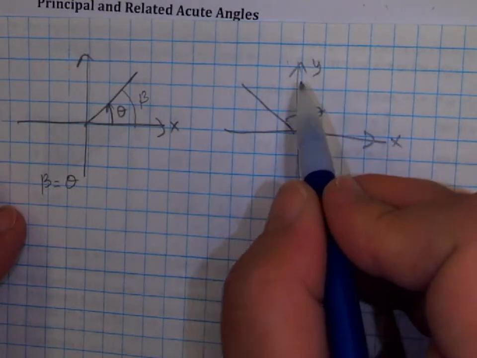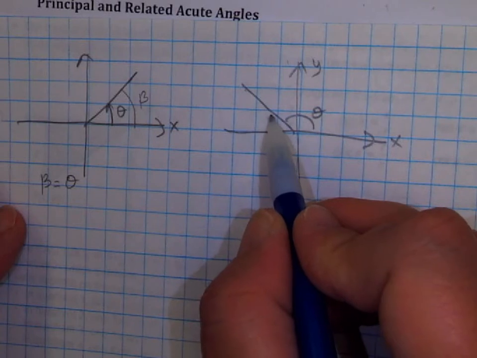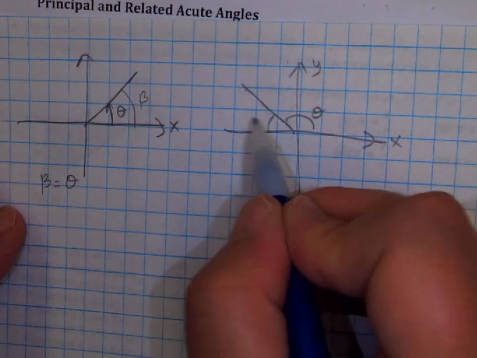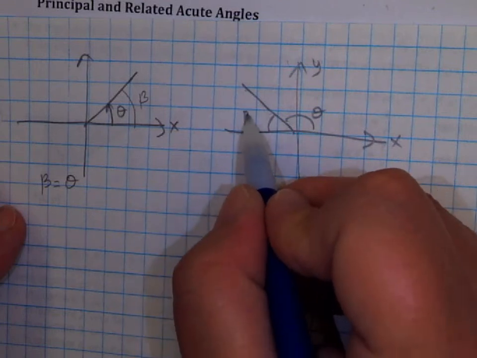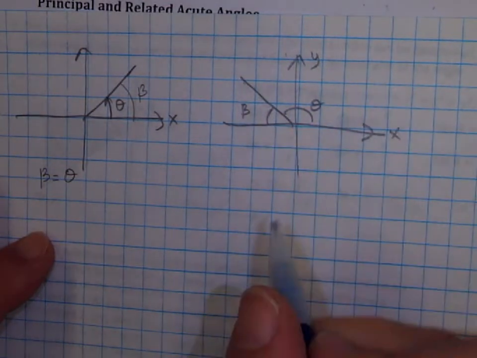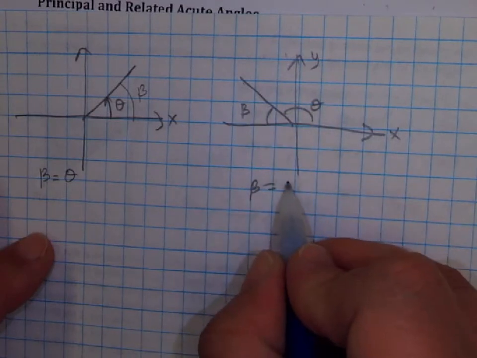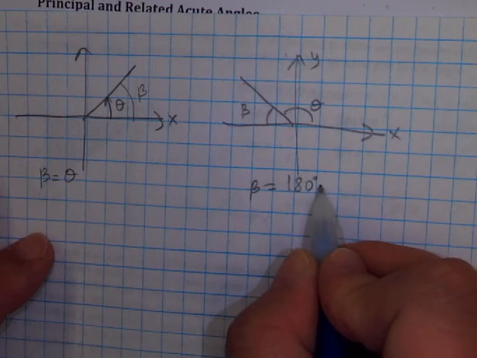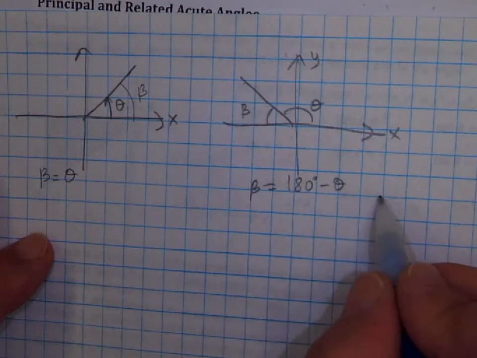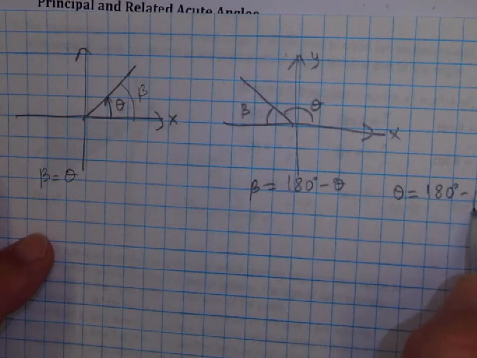Then this is your terminal arm, and the angle between the terminal arm and the closest x-axis is here. This is beta. In terms of angles, beta is 180 minus theta, or similarly, theta equals 180 minus beta.